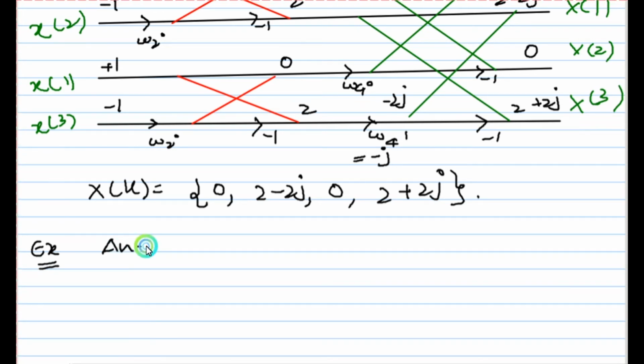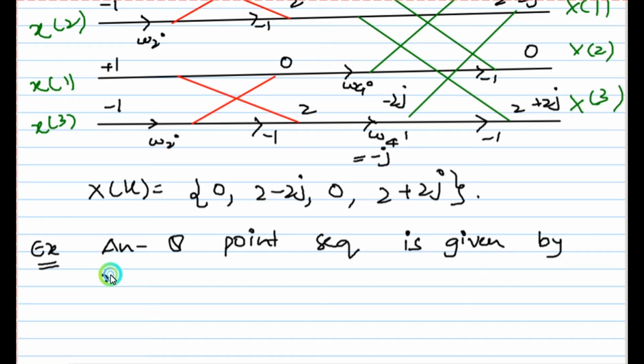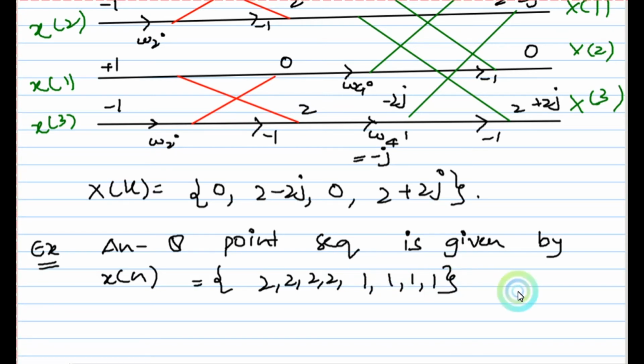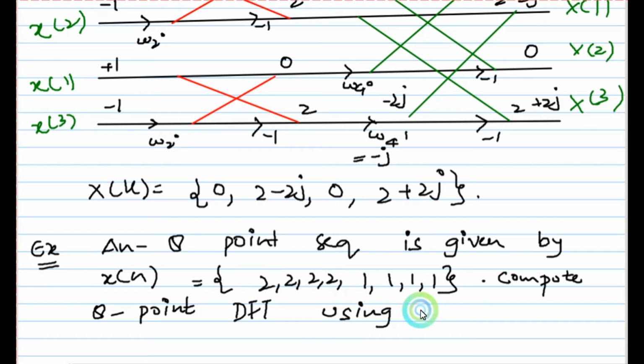An 8-point sequence is given by x of n equal to 2, 2, 2, 2, 1, 1, 1, 1. Compute the 8-point DFT using radix 2 decimation in frequency algorithm. Right. So let me go to the next page now.